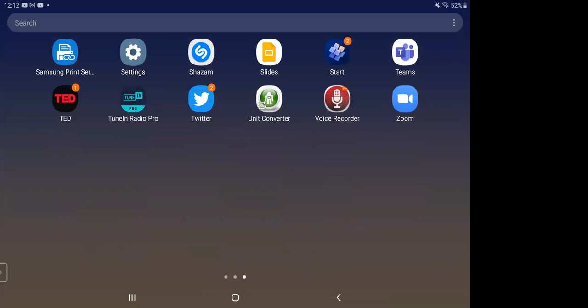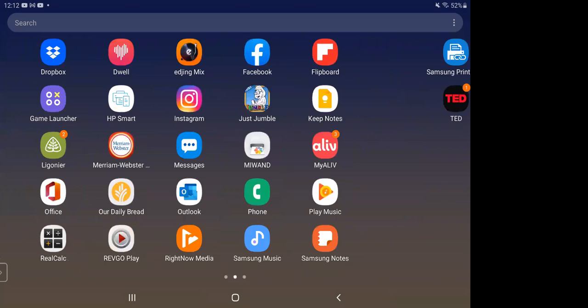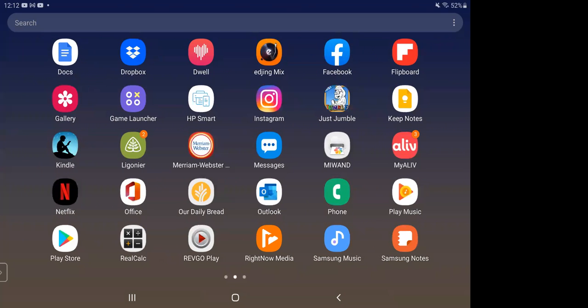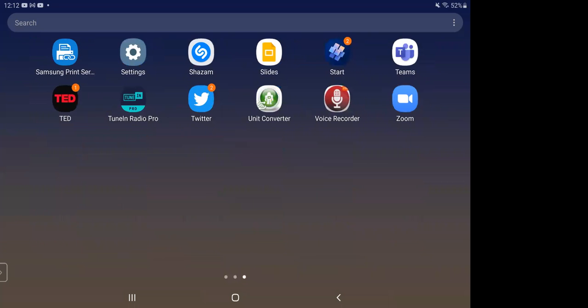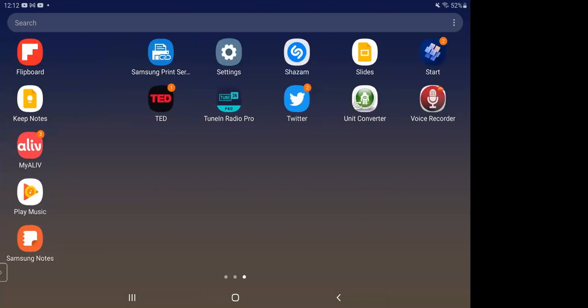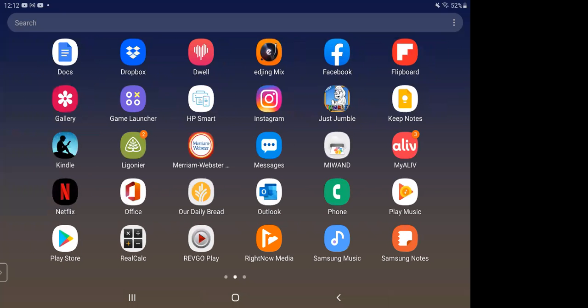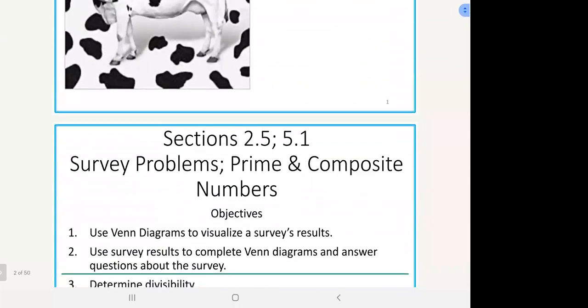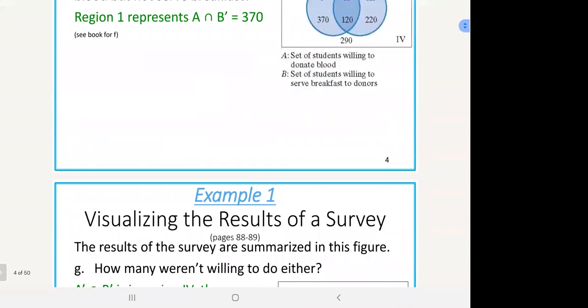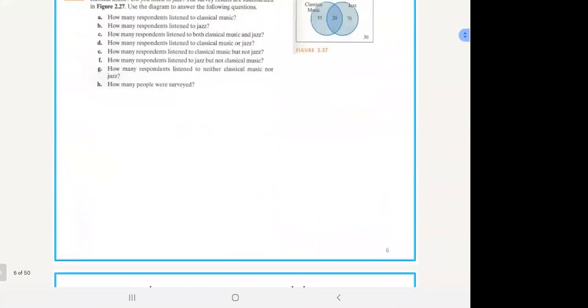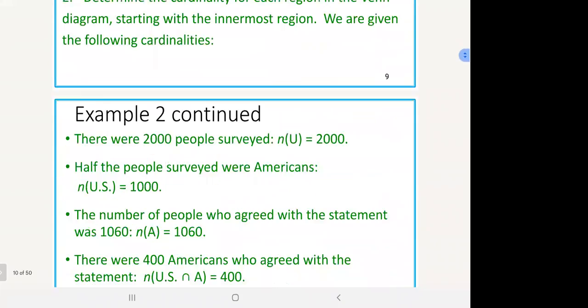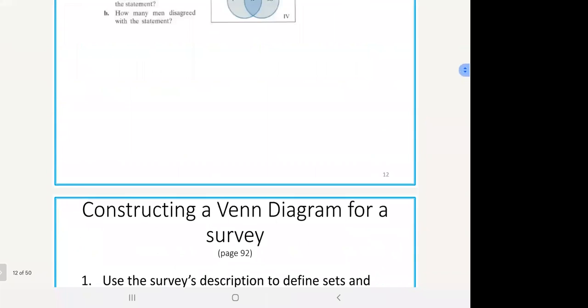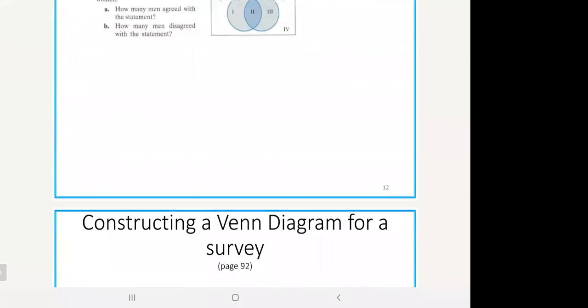I'm trying to get a place to write some stuff so I could show you. Let me see. All right, I'm going to use one of these slides, I guess. Some space. All right, I'm just using this to show something.